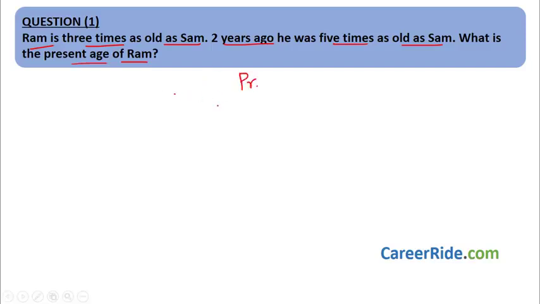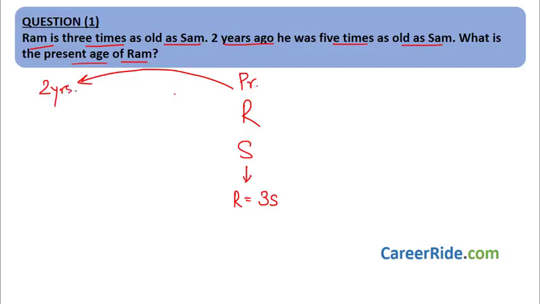Let this be present. The present age of Ram, let it be R, and the present age of Sam, let it be S. Now what they are saying is that Ram is 3 times as old as Sam, so R equals 3S. 2 years ago, let's go back 2 years.